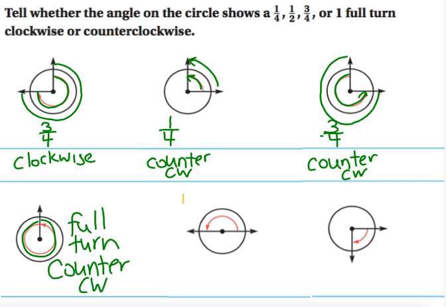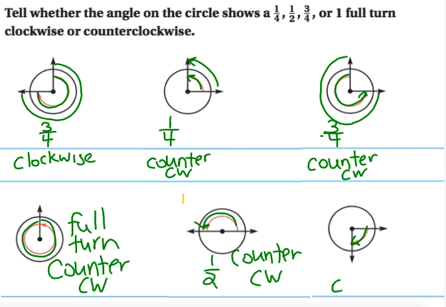And then on this one, I could see it's a half turn, but now I have to decide if it's clockwise or counterclockwise. Let's see, it's going to the left. It's counterclockwise. All right, next one, I see it's going normal, like a normal clock, to the right.